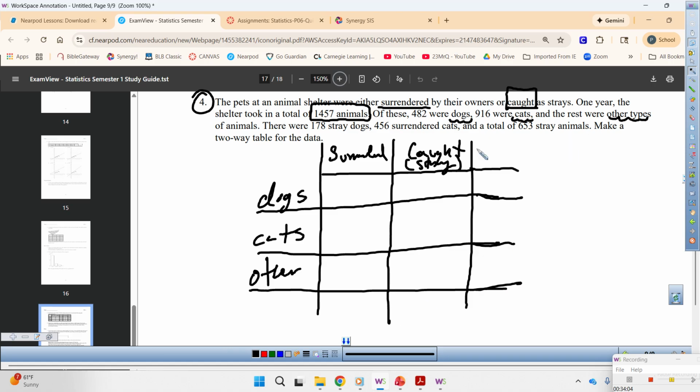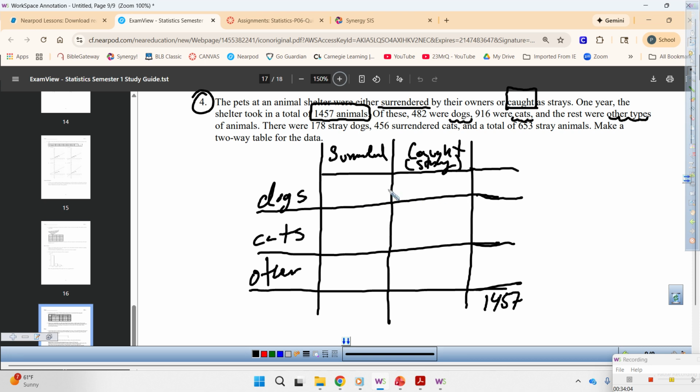All right, so let's go over this. The total number of animals caught were how many? 1457. The total of totals. Okay. Of these, 482 were dogs. 482 were dogs.